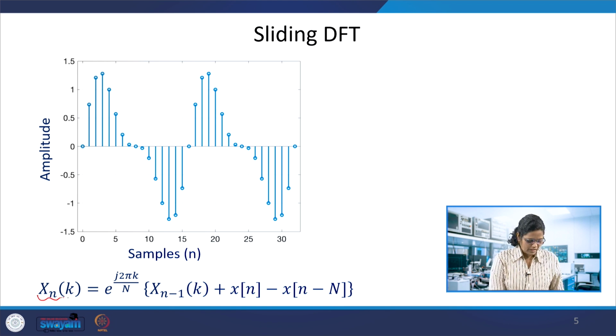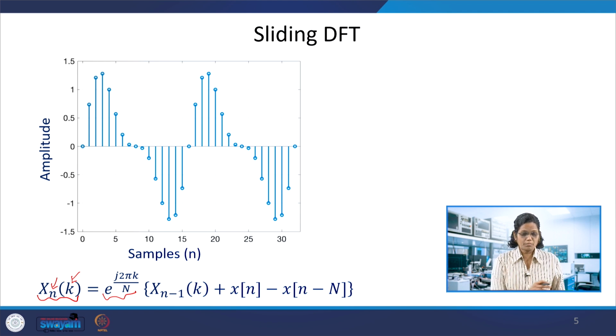Here X_n(k) is the current window DFT, the current instant DFT, and n is the instant we mentioned. Usually when we take the DFT, we simply say X(k), where k is the frequency bin index. Here, because the instant is involved, we put a suffix, X_n(k), and one sample is advanced or delayed. In the e^(j2πk/N) term, the number of shifts is only one sample.